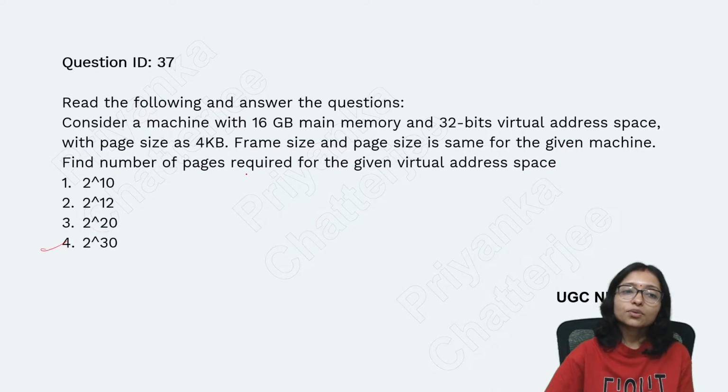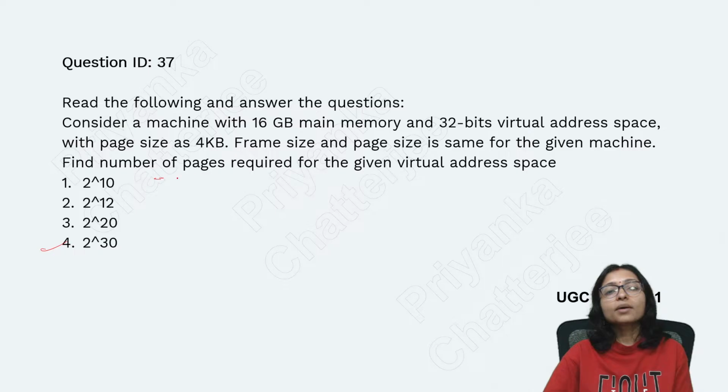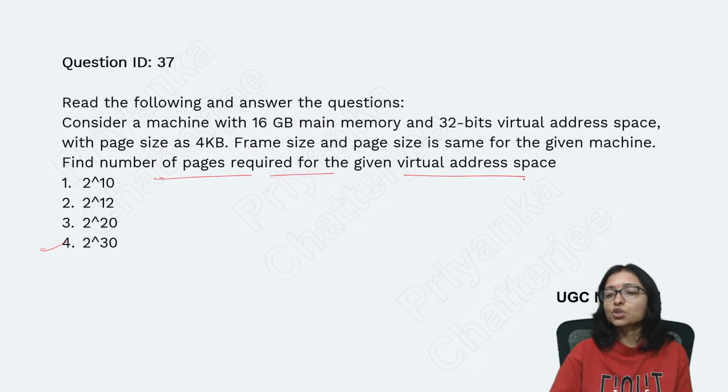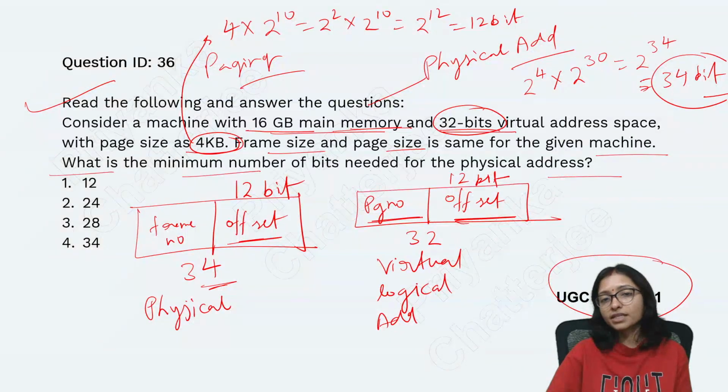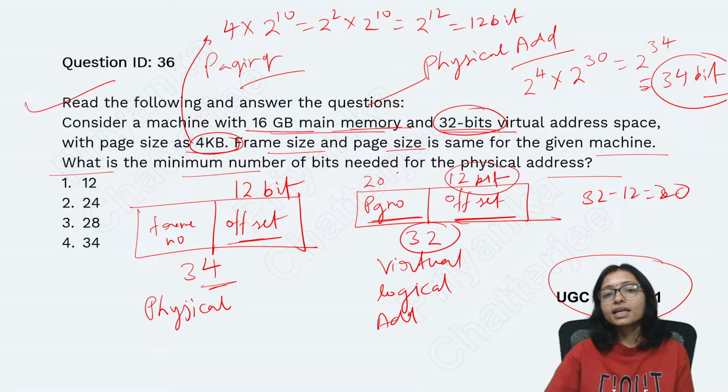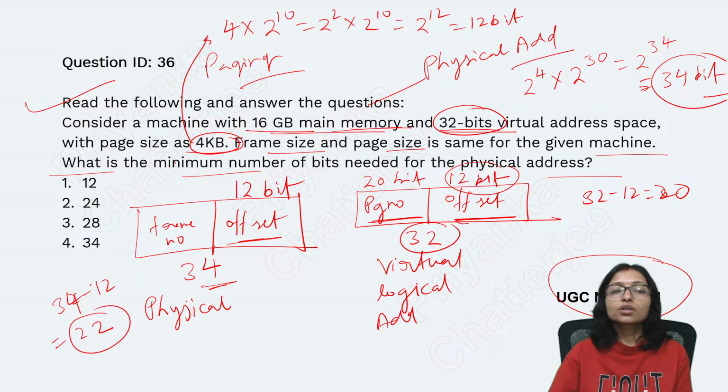Now the next question was to find the number of pages required for the virtual address. That means I need the number of bits for the page number. Here 32, here 12. So what will be my answer? 32 minus 12, that is 20. So 20 bit is there for the page number, and for the frame number 34 minus 12, that means 22. 22 bit is there for the frame number.